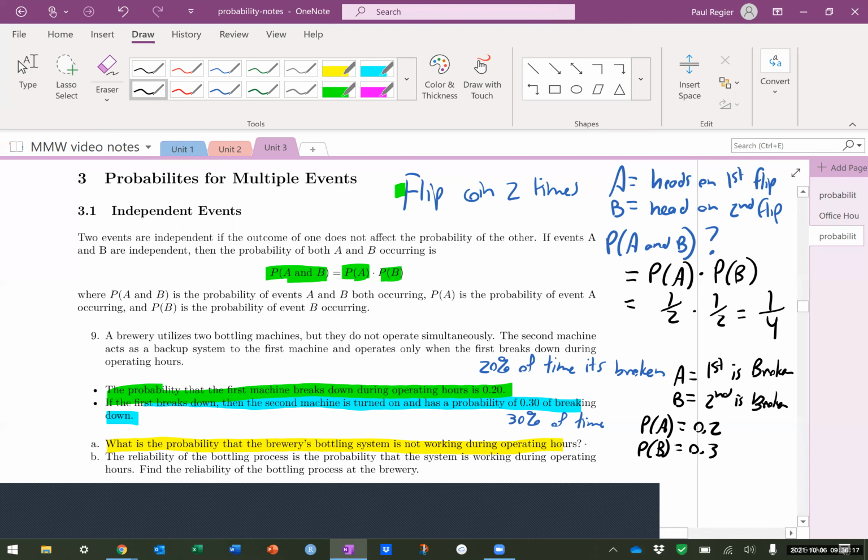So this question is saying, what's the probability that both of them are broken? Well, that's just probability of A, if they're independent, times probability of B. So 0.2 times 0.3, which is 0.06.